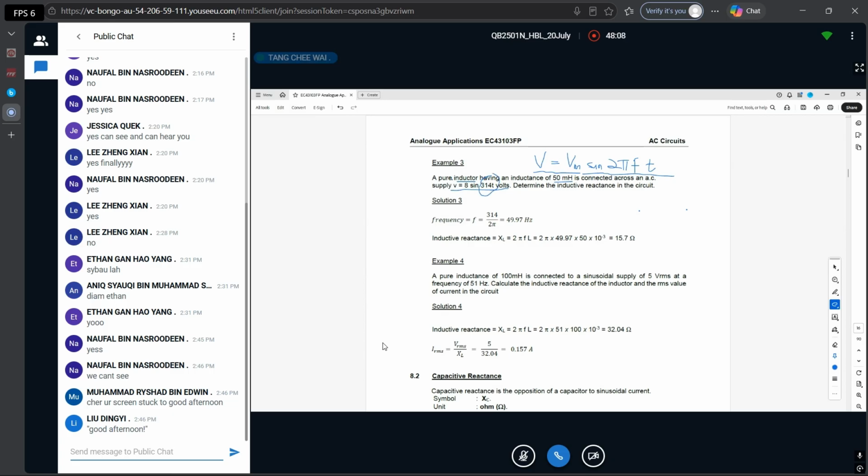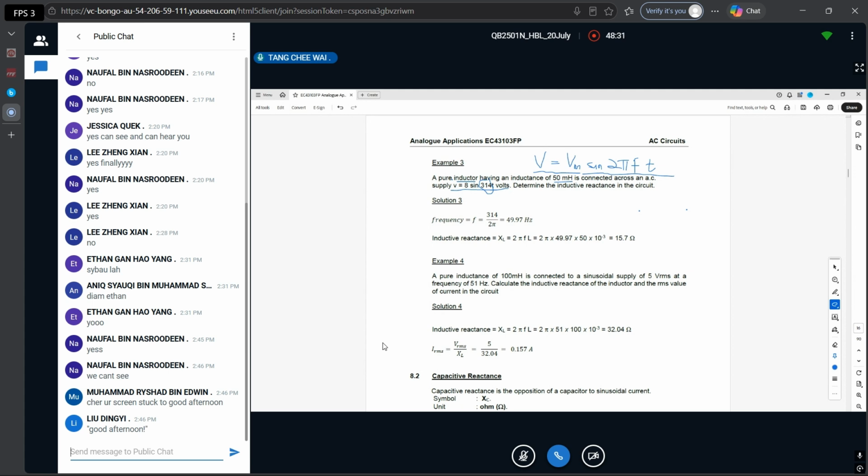Just look at the 314 first. If you compare this formula here, given one, the 314, which part of the general formula is it equal to?